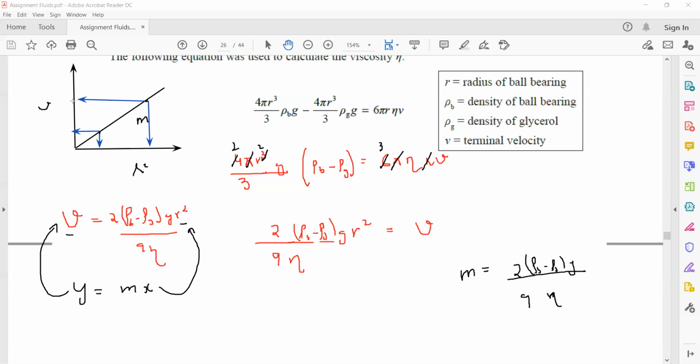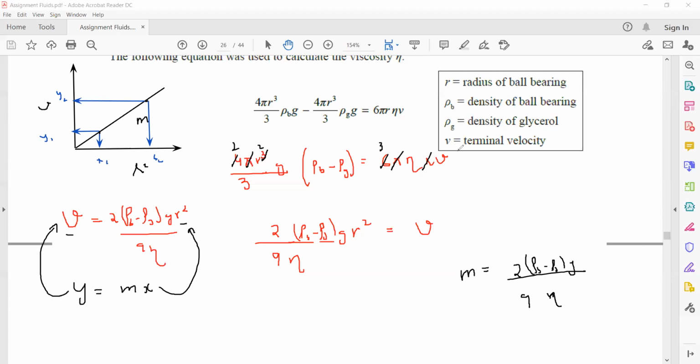So the gradient of this straight line represents the whole factor, and using this whole factor we can find the viscosity of the glycerol.